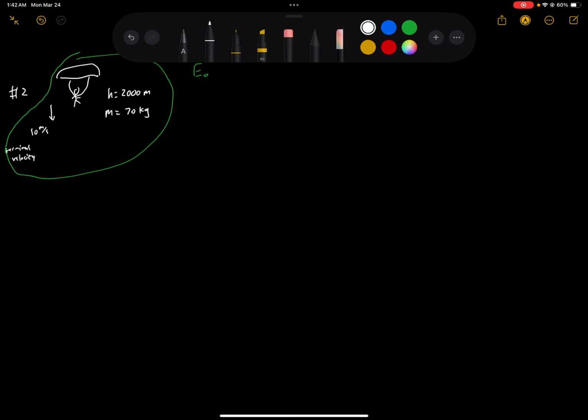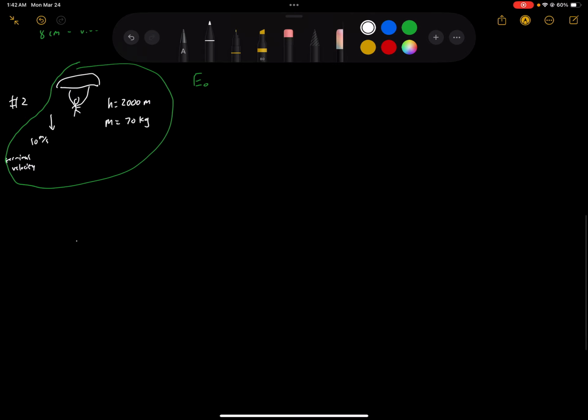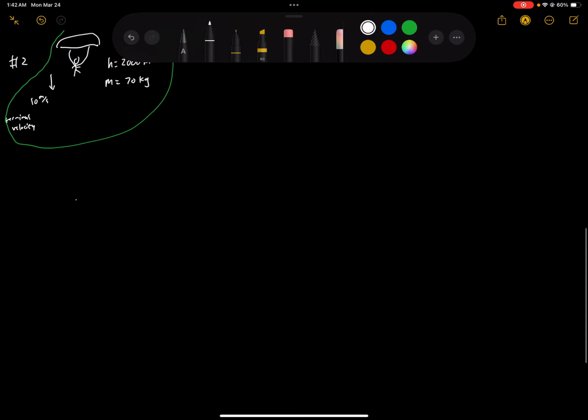So let's say he falls down to 100 meters. I'll draw him down here. He's just about to hit the ground. Now his height is only 100 meters. He still has the same mass, obviously, and he's still going down at 10 meters per second. And this is going to be the final energy of the system, so it's going to be EF.